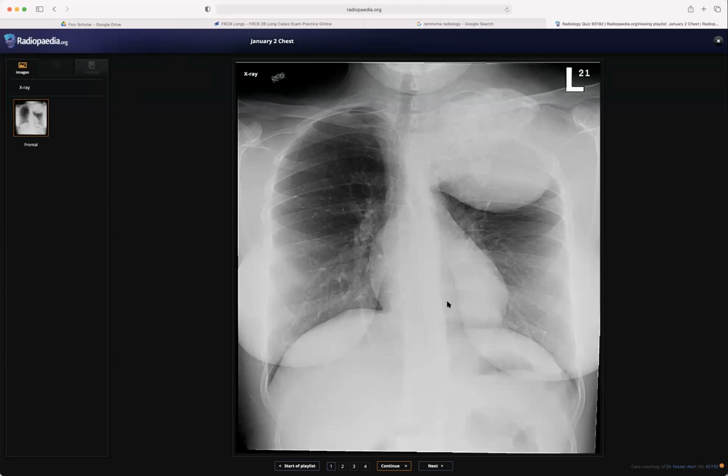So with these findings, the first possibility will be a large chest wall mass with erosion of the bones, which is protruding into the hemithorax. With the calcification, I'll be thinking about a primary bone malignancy like chondrosarcoma from the rib.